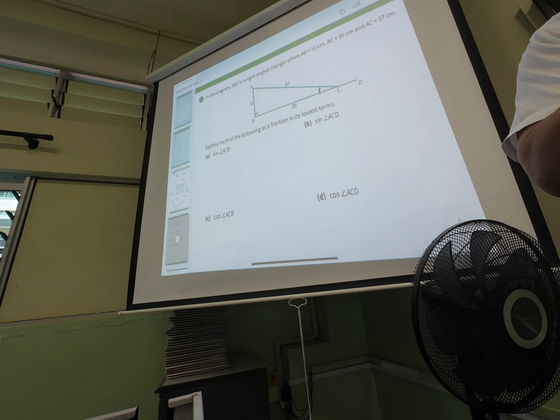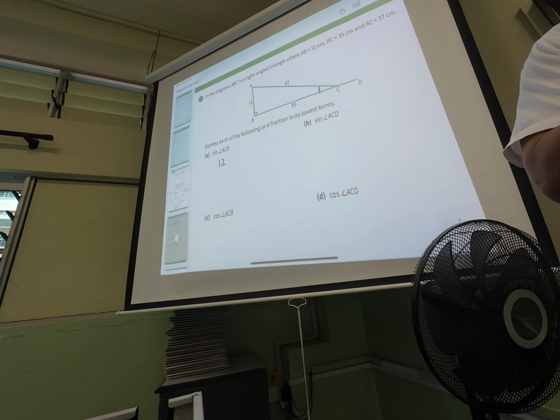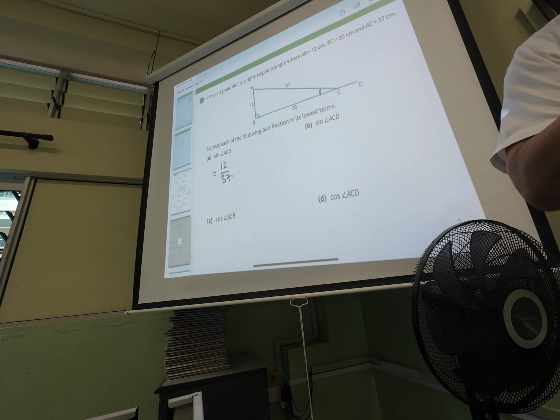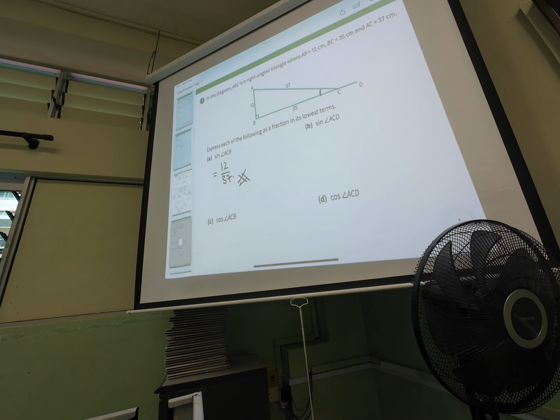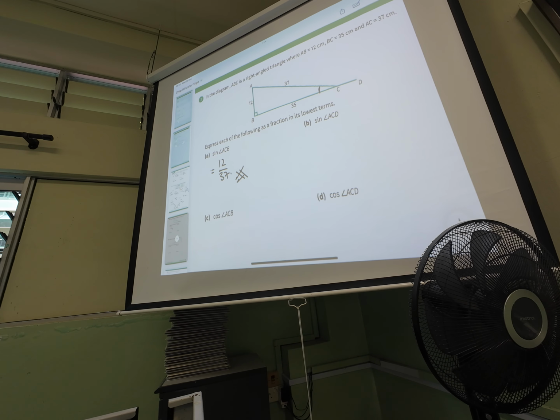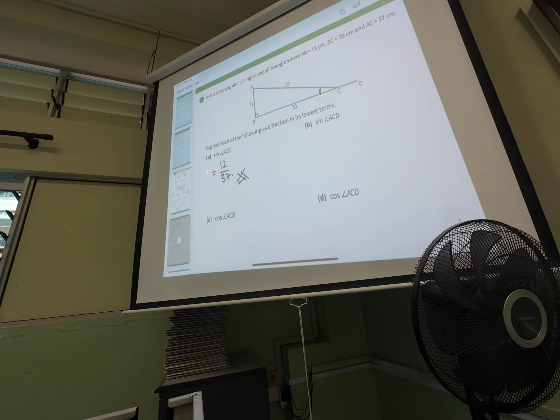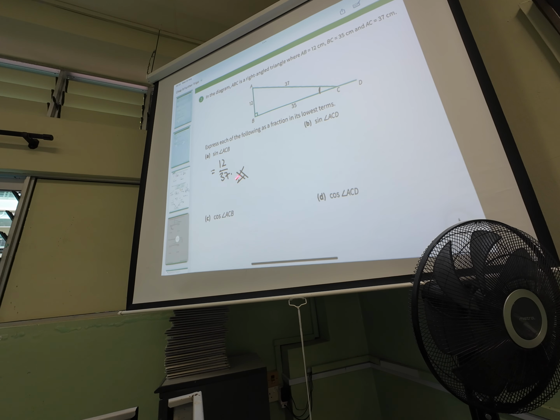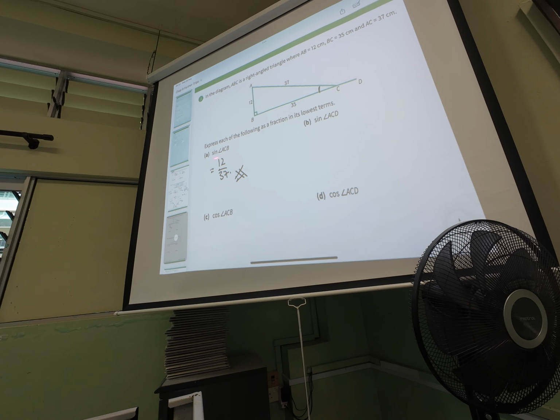So sine of ACB is 12 over 37. They are not asking you to find the angle, they are asking you to find the sine of the angle. So it is just this fraction over here. You don't need to do anything further. This is the answer. Don't go and sine inverse this thing and find the angle. They never ask you for the angle, they ask you for the sine.